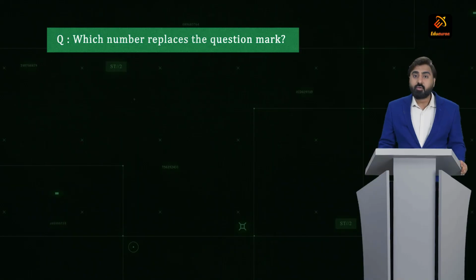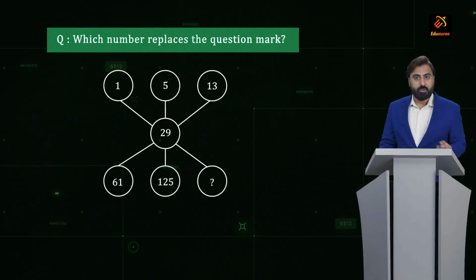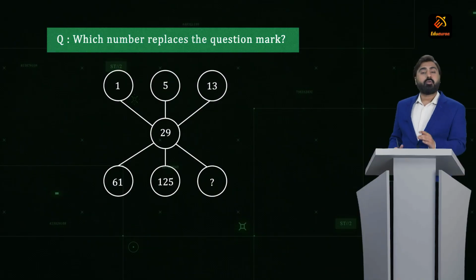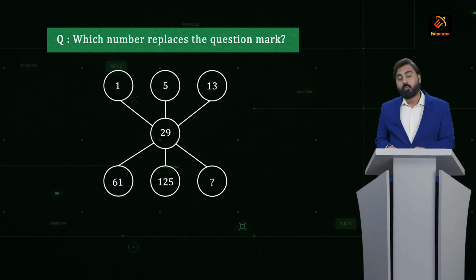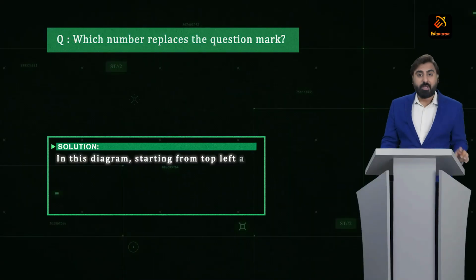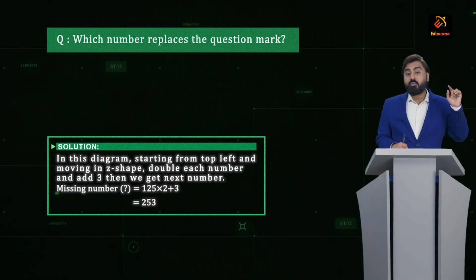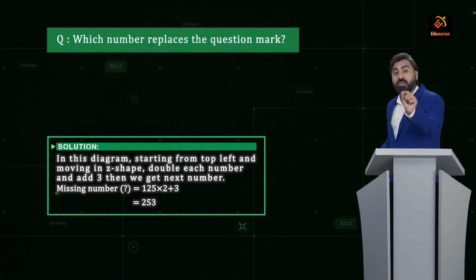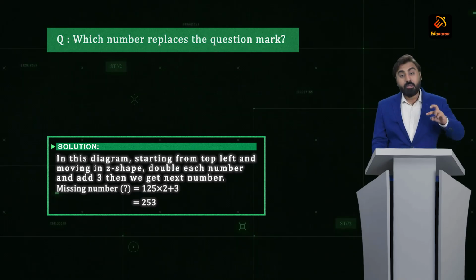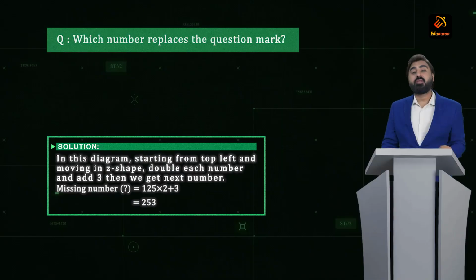And the diagram given to us is 1, 5, 13. Then we have 29, 61, 125 and an unknown number. Now students, how to solve this? Now in this case, see properly. Starting from the top left and moving through the Z shape, double each number and add 3 to it.